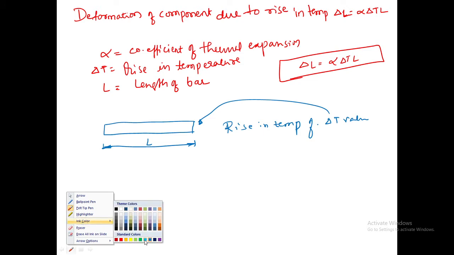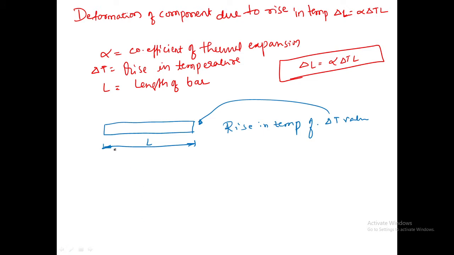Is it going to keep the same length, or does the length increase? It is going to increase. Now the length is going to increase here, right?